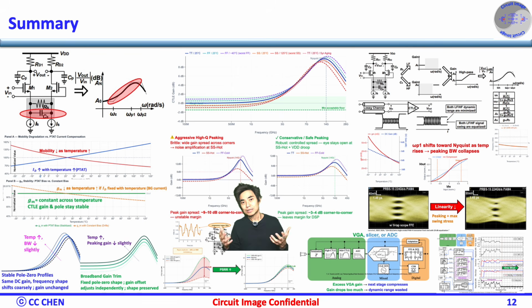By stabilizing gm with PTAT biasing, choosing conservative peaking, separating shape from gain, guaranteeing linearity, designing for PSR, co-designing interfaces, and validating aggressively across corners, we can build a CTLE that survives real silicon life without touching a digital switch after training. That's not a simple design. That's discipline, analog engineering, and design guarantee.